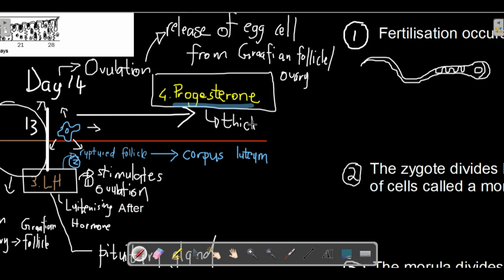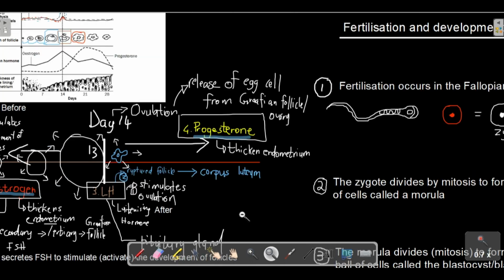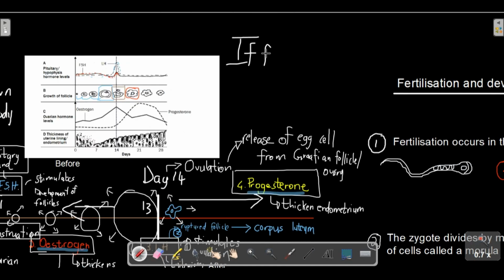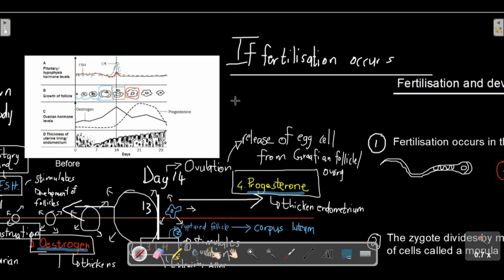The endometrium always has to be thickened, guys. It has to be constantly thickened, or else it will break down. So if for some reason the progesterone stops thickening the endometrium, then you will have the endometrium breaking down as we see there. If fertilization occurs, meaning the nucleus of the sperm cell fuses with the nucleus of the egg cell, then the progesterone has to keep on thickening the endometrium.